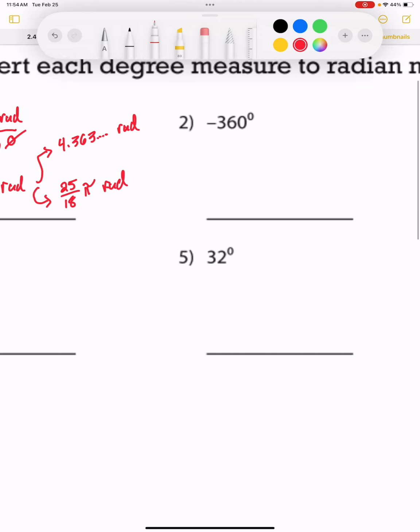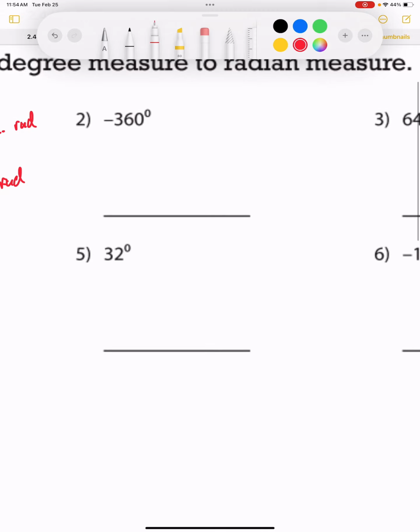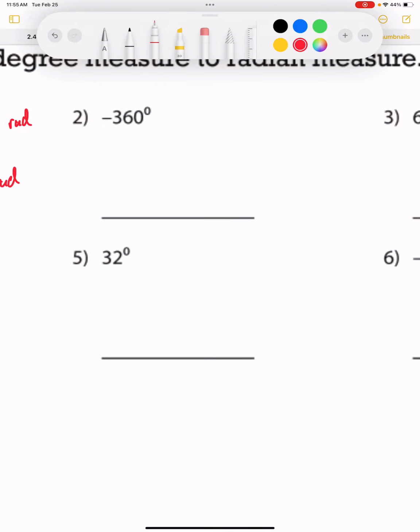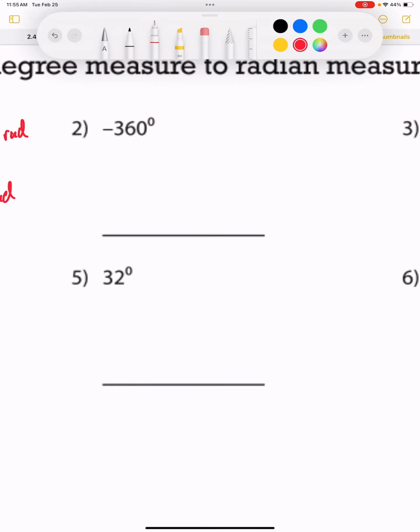Okay, let's go to this one. Now, if I know that pi is 180, so I know that 2 pi is 360, but we're going to do this anyway. So I know the answer is automatically going to be negative 2 pi radians. But let's see if our process works out.